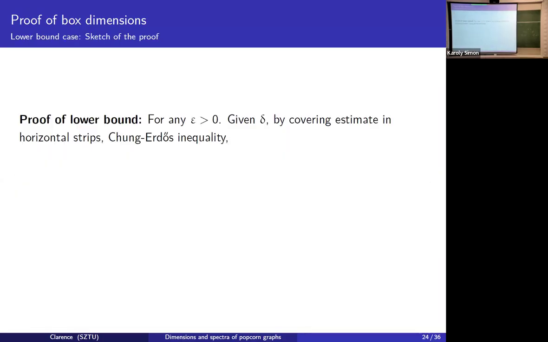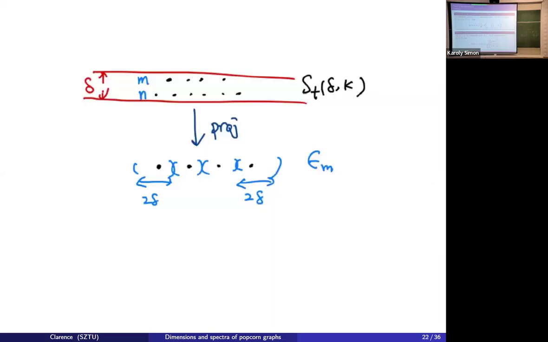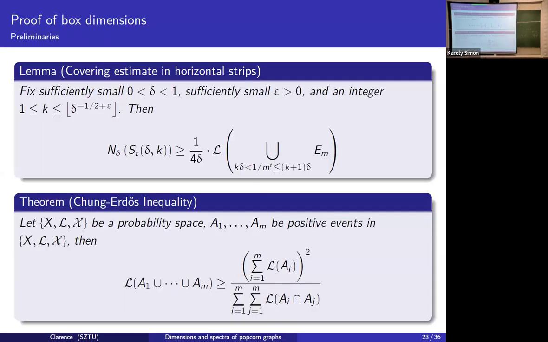As a result, if we separate the popcorn graph into strips, by the covering estimates of the horizontal strips, for every strip the lower bound can be controlled by the Lebesgue measure at first. And for the Lebesgue measure, we can use the Dodge inequality to get a final lower bound here.